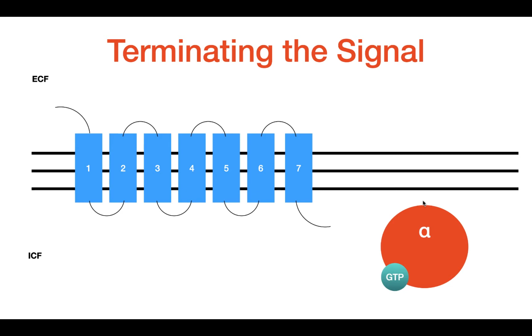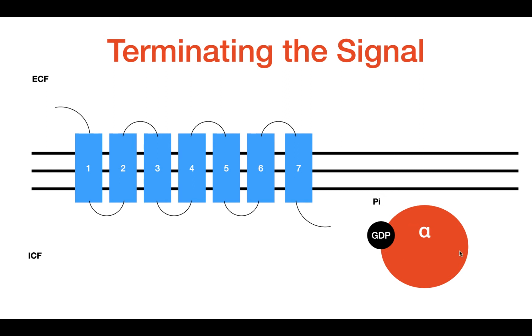So in other words, it can use water in order to cleave certain bonds. And the alpha subunit has hydrolase activity that is timed. So after a certain amount of time, the hydrolase activity will be activated, which will therefore cause GTP to be cleaved into GDP and a phosphate. So once you have GDP bound to the alpha subunit, the signal is going to be terminated.